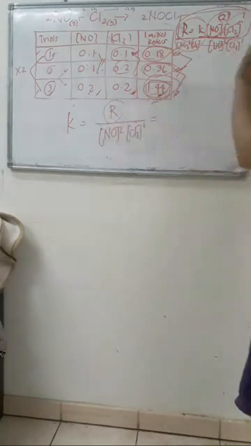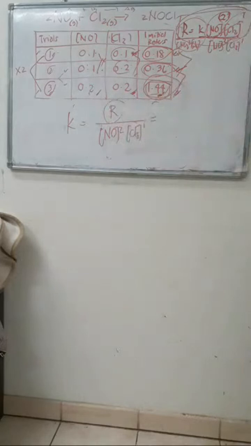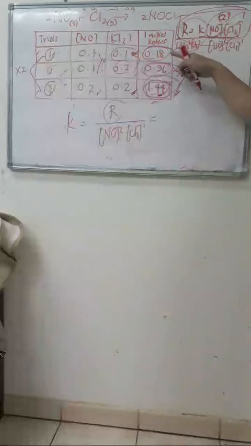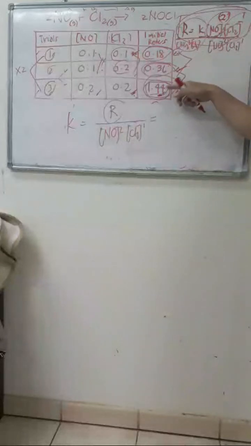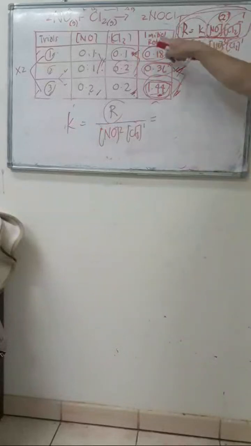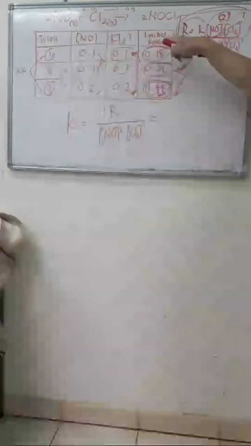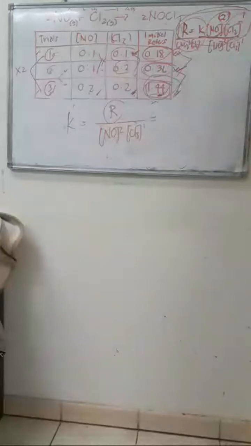This is sometimes the confusing part, because some students will divide this by 3: 0.18 plus 0.36 plus 1.44 divided by 3. It's not like that because the English says initial. It's not average. You get the point? It's a matter of English. Initial rate.